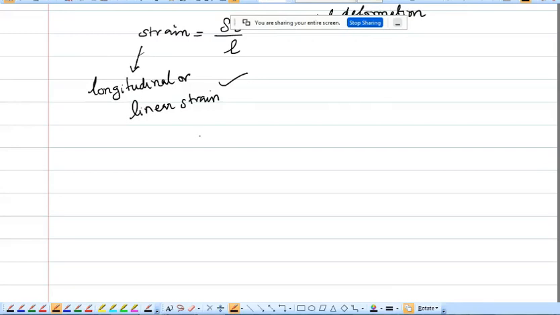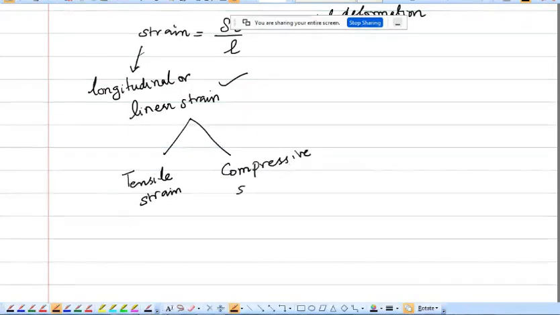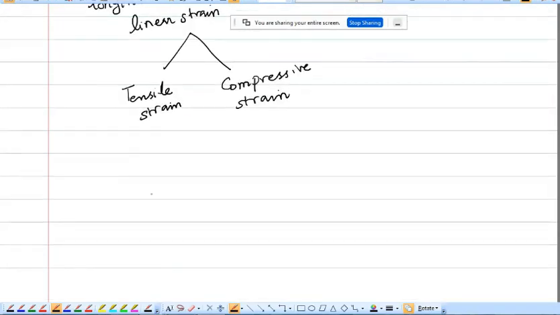This longitudinal or linear strain may be classified as tensile strain or compressive strain. First we shall see what is a tensile strain.